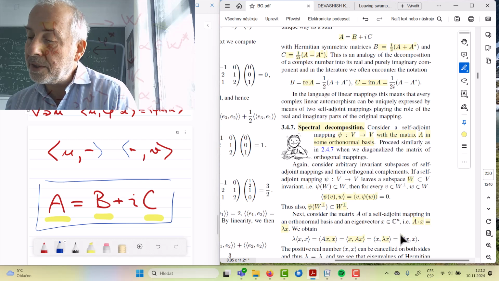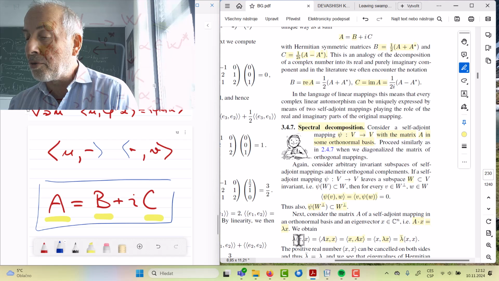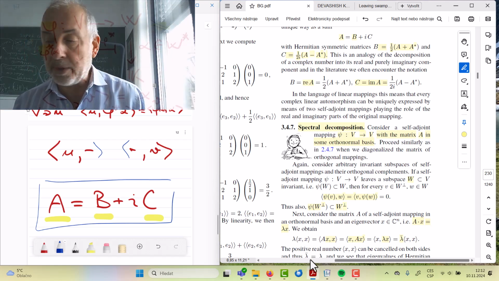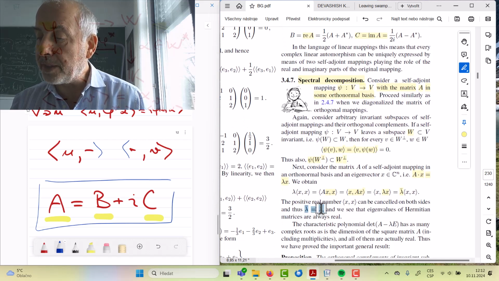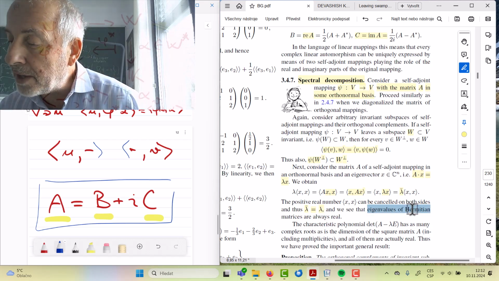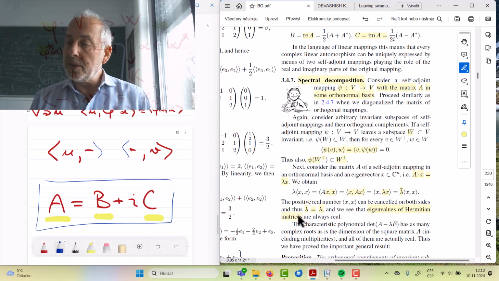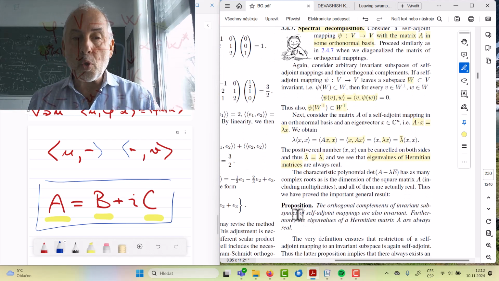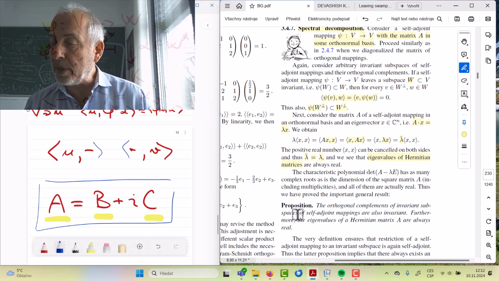So they are conjugated, and therefore you see, because XX is a non-zero real scalar, that lambda bar is lambda, which is nothing but the fact that they must be real, right? So you see, all the eigenvalues of Hermitian matrices are always real, the same thing as all the eigenvalues of the self-adjoint mappings are real.